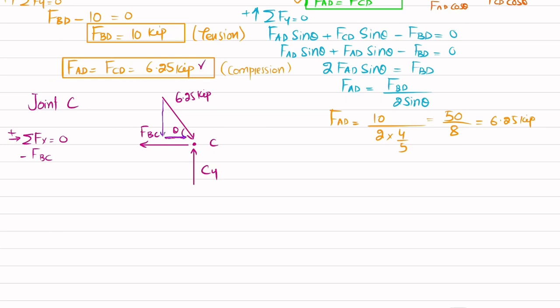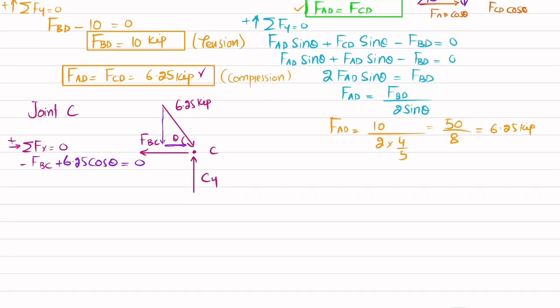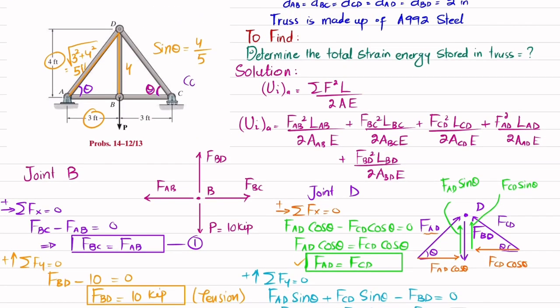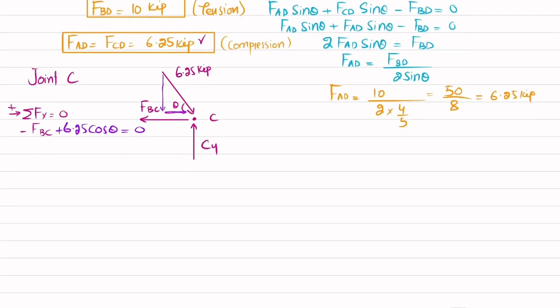So this component will be equal to plus 6.25 cos of theta is equal to 0. And we know that cos of theta here is equal to base over hypotenuse. So base is 3 and hypotenuse is 5. So 3 by 5. So I will write 6.25 into 3 by 5 will be equal to FBC.